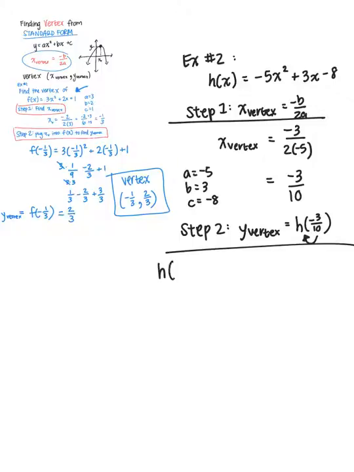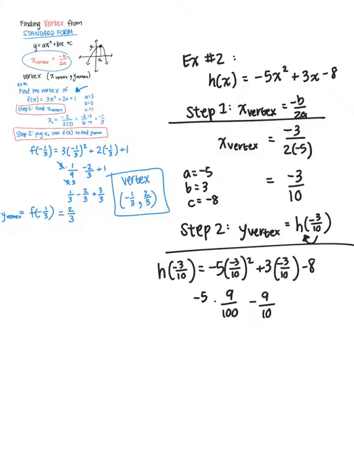So h of negative 3/10 equals negative 5 times negative 3/10 squared, plus 3 times negative 3/10, minus 8. Remember exponents first, so negative 3 times negative 3 is 9. 10 times 10 is 100. And we multiply that by negative 5. 3 times negative 3 is negative 9 over 10, minus 8.